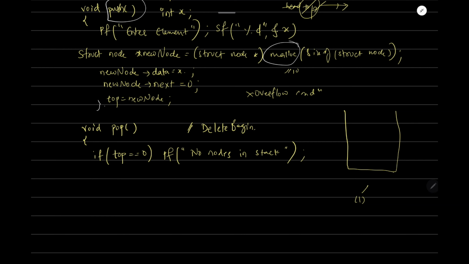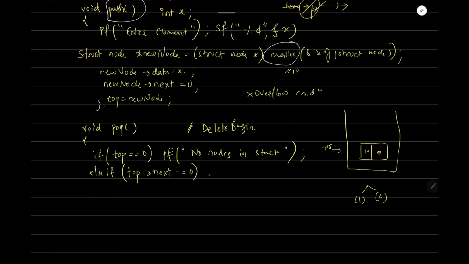So this is the first condition, and the second thing is else if, let's say there is only one element, that is else if top->next is equal to 0. If we are having that, it means there is only one element. If there is only one element, it means it will be 0, right? The top will be here, right? So this is the case.